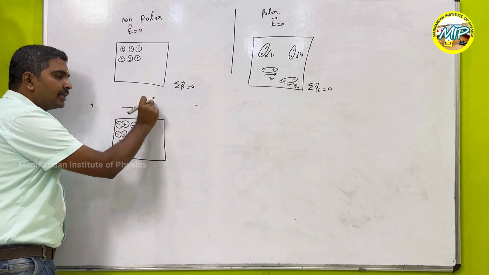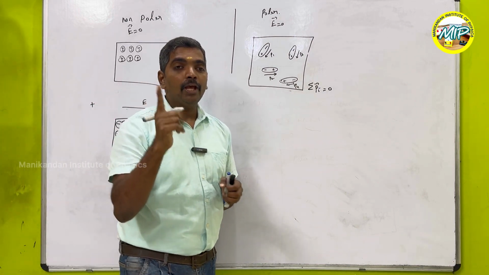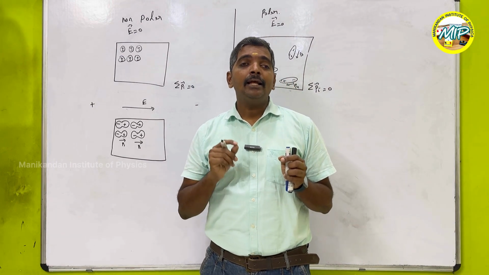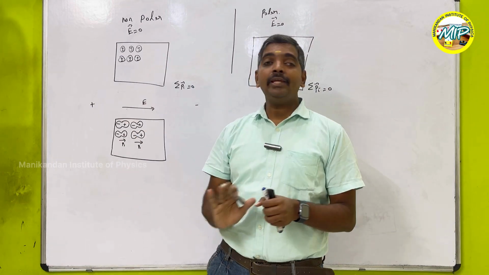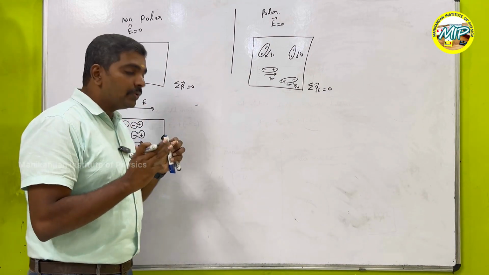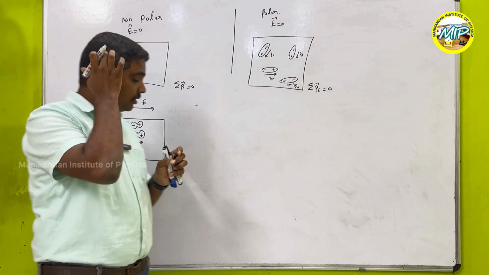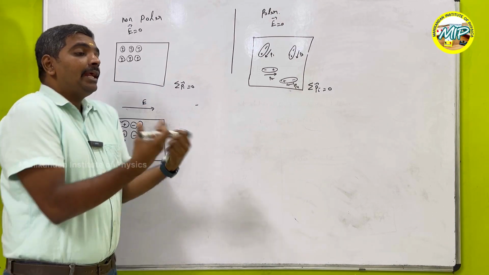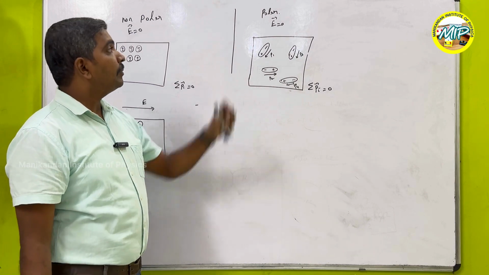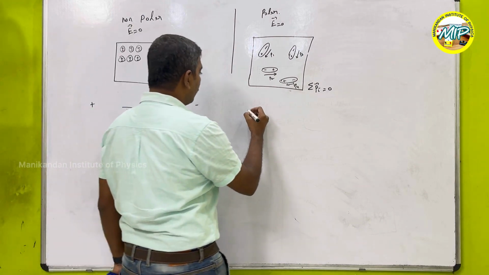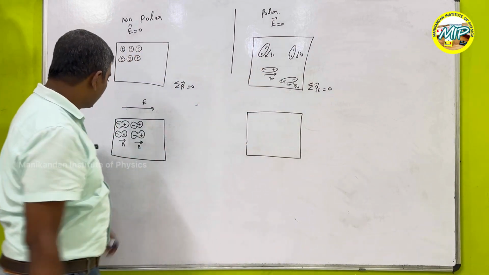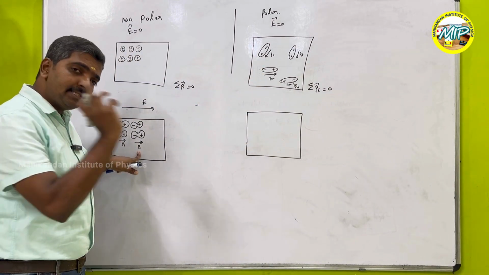Actually, the applied external electric field works in two ways. One is creation of dipole moment, and then there is an alignment of the charges. This is the work done by the external field. It creates a dipole moment as well as arranges the charge configuration. Before going to polar molecules, I tell you, all the dipoles align in the same direction, right?